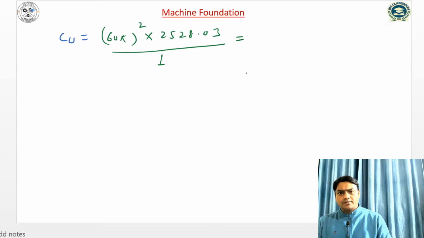So it will be 89822.36 into 10 to the power 3 Newton per meter cube. This is the coefficient of elastic uniform compression.